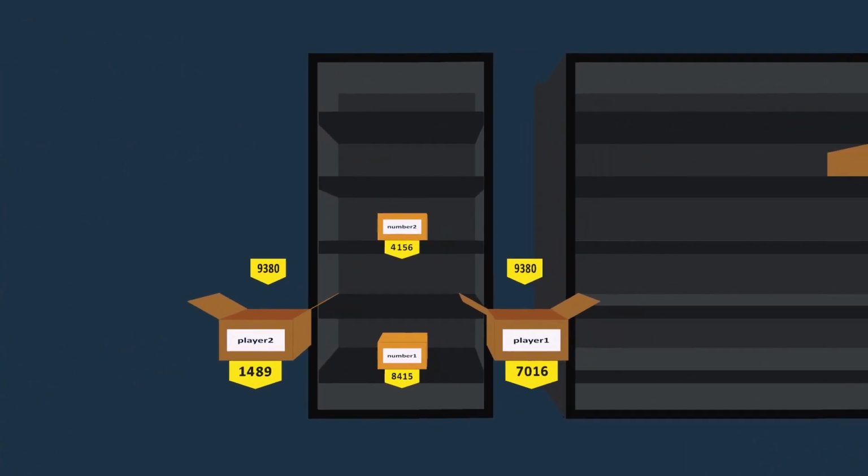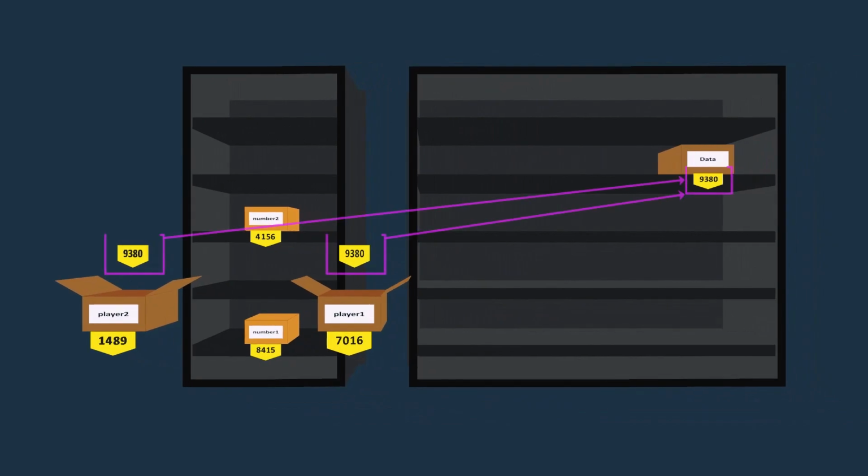As you can see, both of these variables hold the same memory location that refers to the actual data. This means that any change in this data will affect all variables that refer to it.